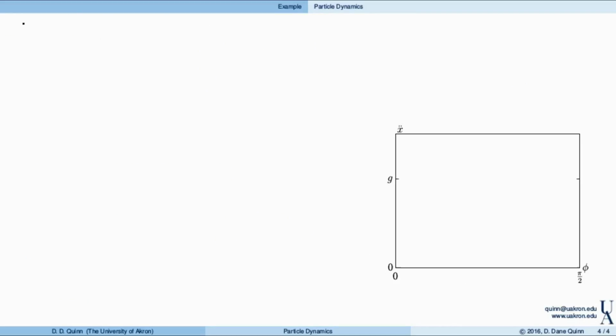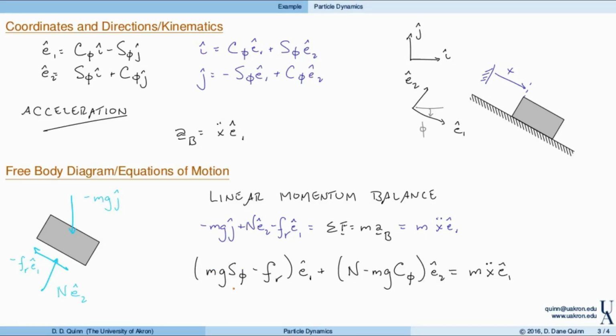Finally, taking components in these directions, we find our two scalar equations. So looking at the E1 direction, we have this coefficient equals the coefficient on the right-hand side.